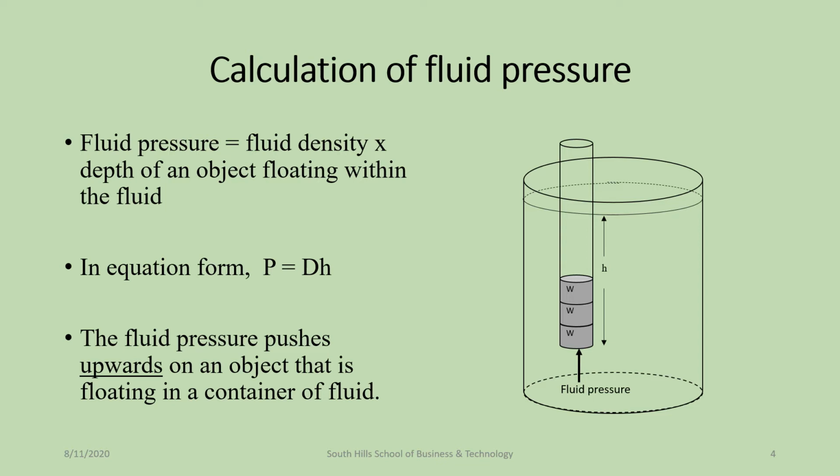H is the depth within a fluid from the surface of the fluid. The fluid pressure pushes upward on the bottom of an object that's floating in a container of fluid. This sketch is a rough sketch of the apparatus we'll use, and it gives you the flexibility to change the weight of that object, as we'll see later.